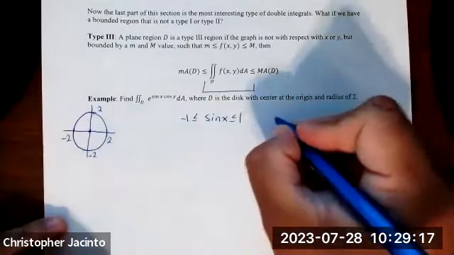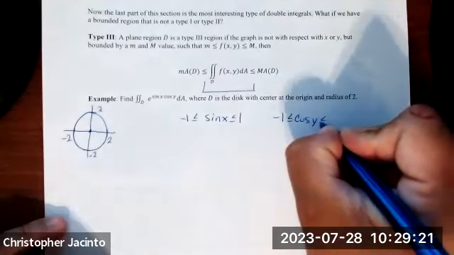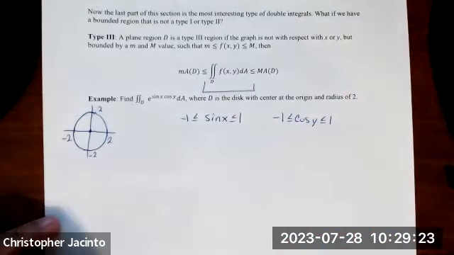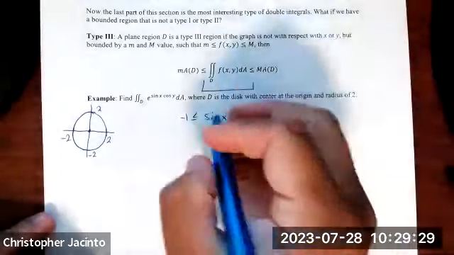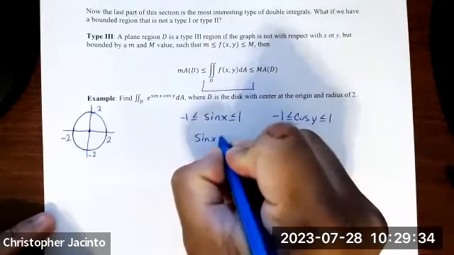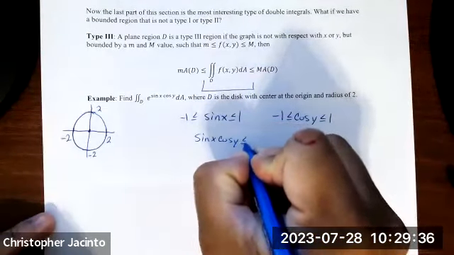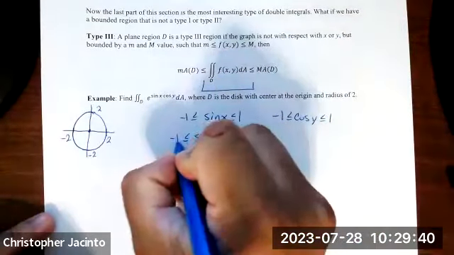And we also know that cosine is the same way, which is nice. So we can put these together and say that if you multiply them each individually, we get the same result. It has to be bounded between those two values.